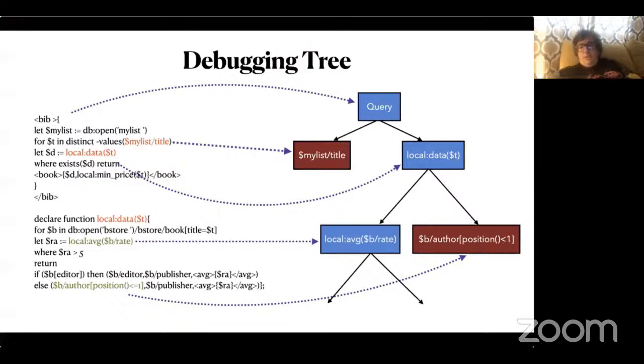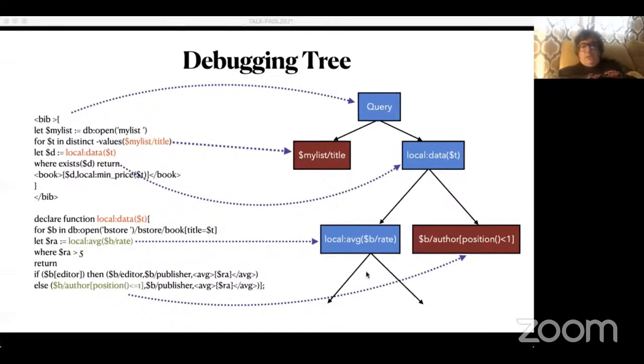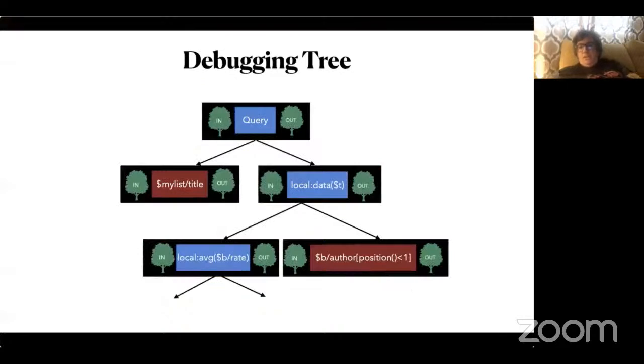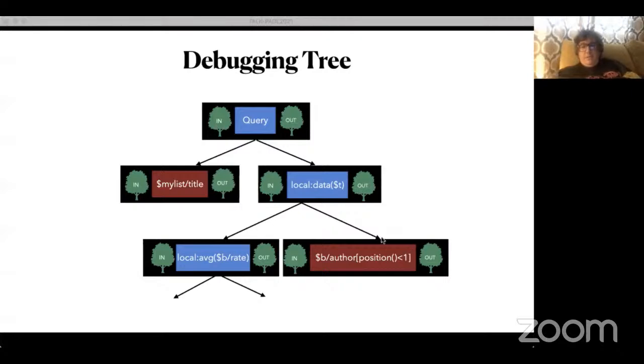When a node is a function, it may have children built from the function calls and paths of its code. The aspect of the debugging tree is something like this, in which each node has a query, path, or function call, as well as the input and output XML trees. In the general case, the input and the output can be a forest of XML trees.